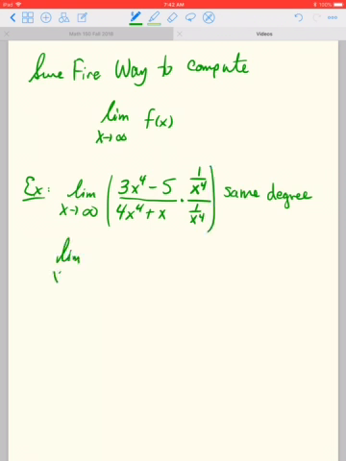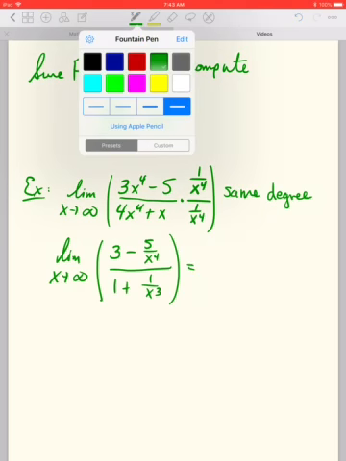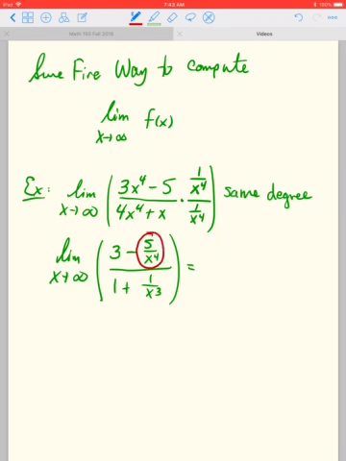And if we do that and we simplify, I'm going to skip some algebra steps here in the middle, but we're going to get 3 minus 5 over x to the fourth, and then we're going to get 1 plus 1 over x cubed.